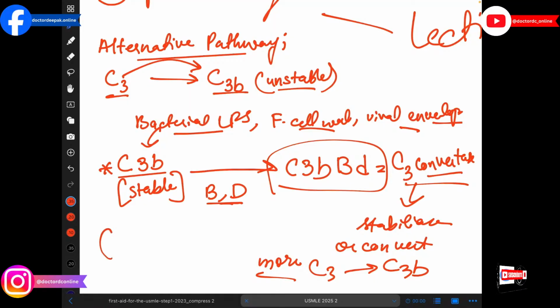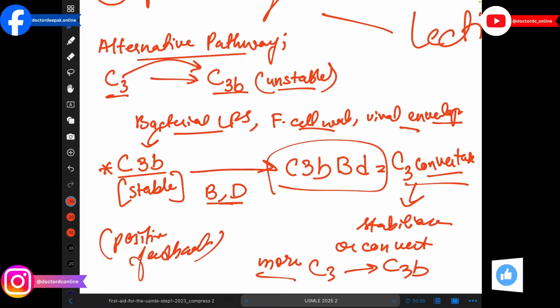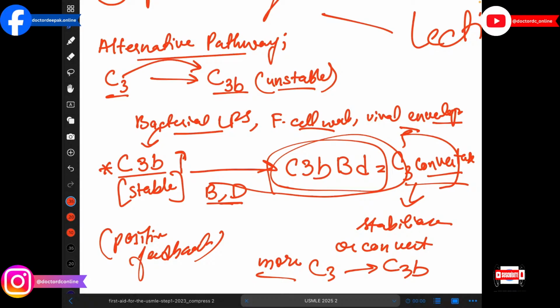It is just like positive feedback: the increasing amount stimulates that enzyme, and that will increase the amount further. Okay, that is all about the alternative pathway. The alternative pathway is just spontaneous conversion.